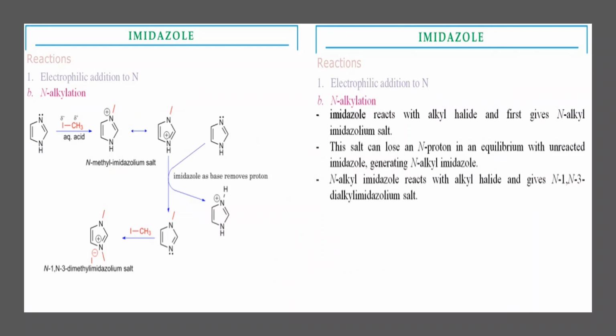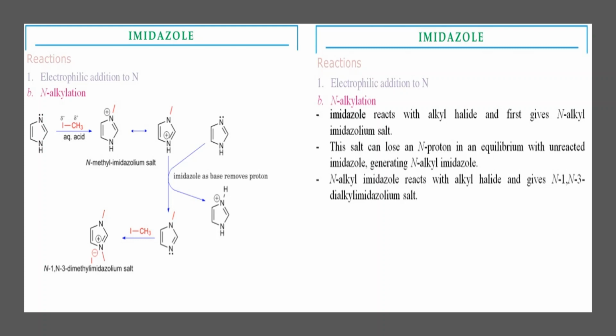Now there is some difference. You have seen in pyrazole also there are two nitrogens. So how will an alkylation take place? Your imidazole reacts with methyl iodide to form the N-methyl imidazolium salt. Now there is one more nitrogen.